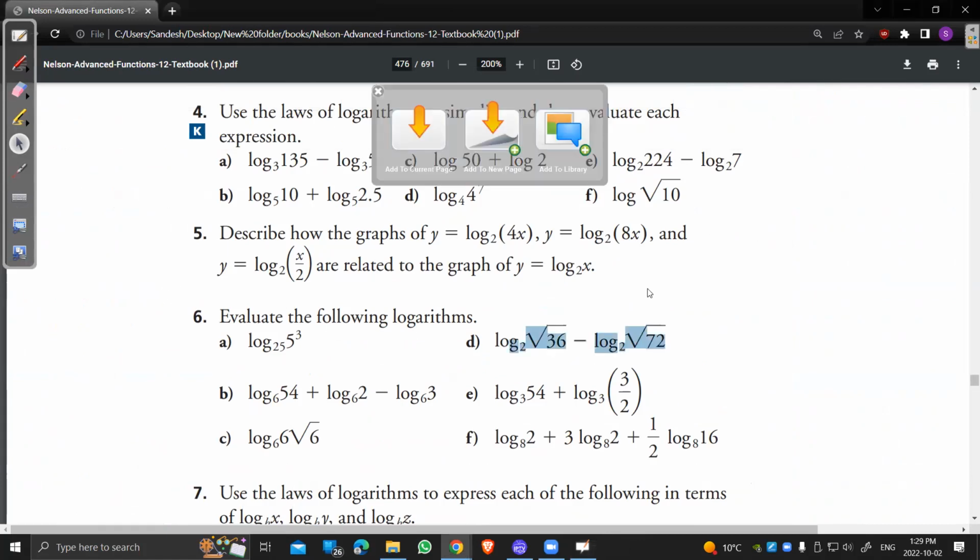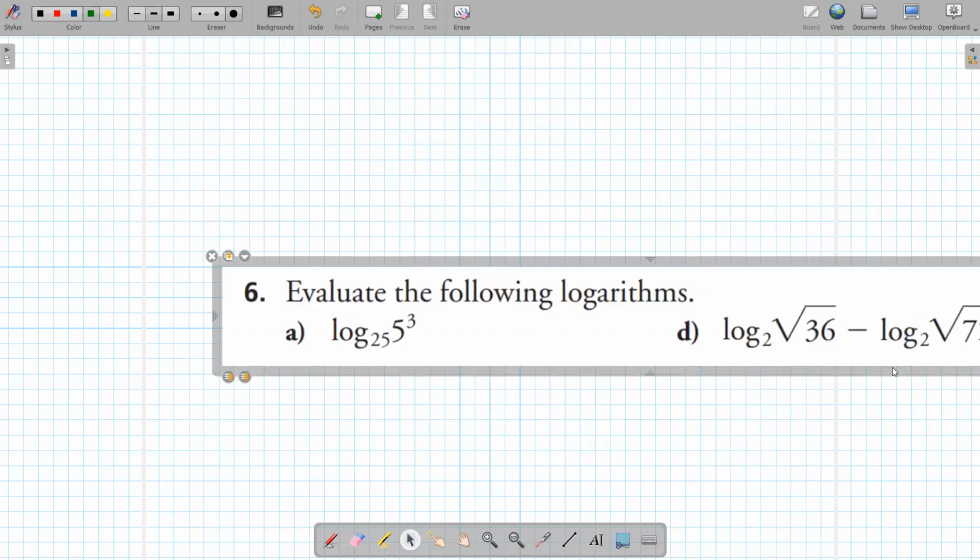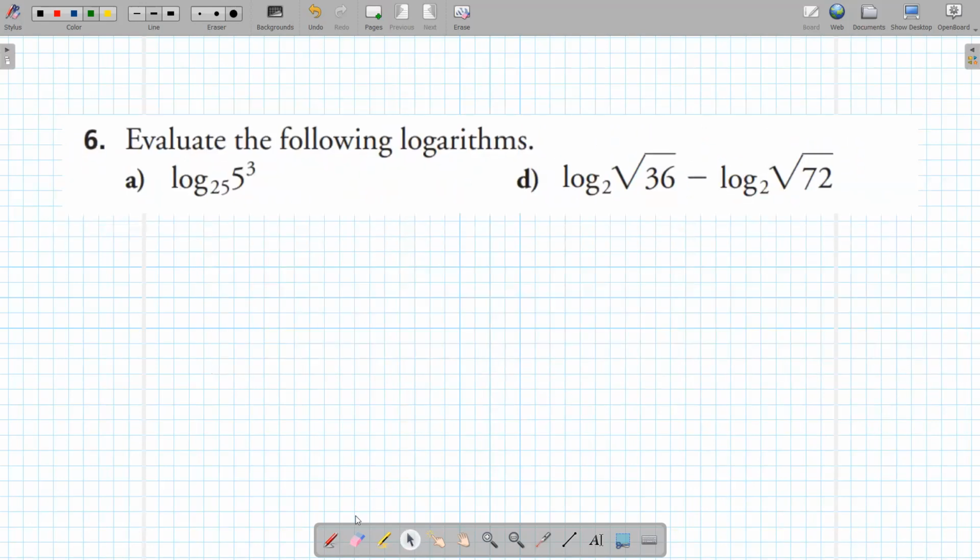Here, let's try doing this. Okay, look at A. We're going to use the rules if we can. What do you think is the first thing we do for A?